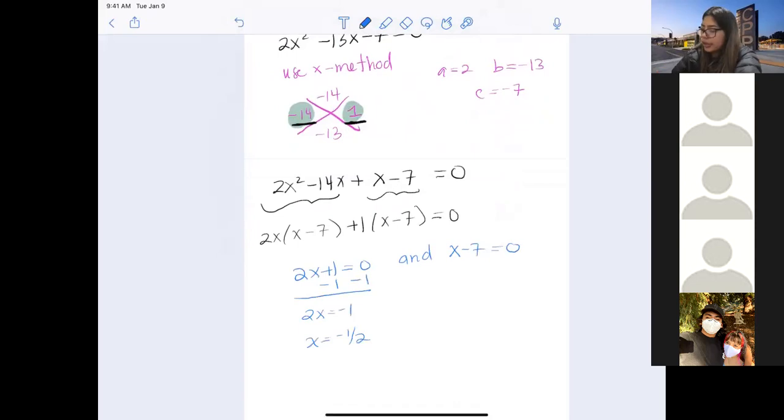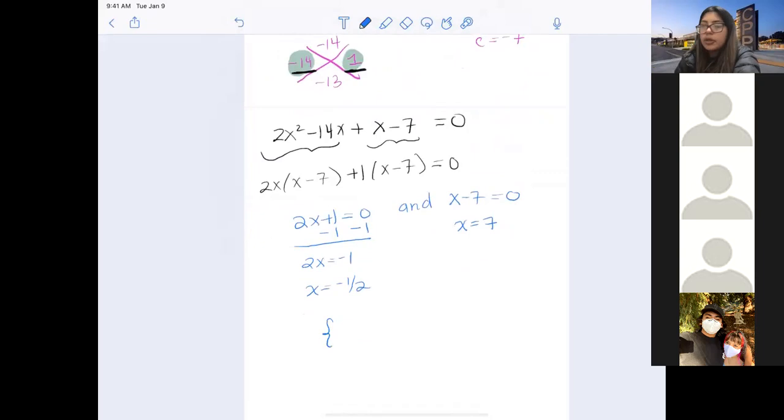The other answer is x equals 7. So when they ask you to input your solution, you're going to put negative 1/2, comma 7. You don't put x equals negative a half, x equals 7. You just put negative a half, comma 7. You're splitting the 2 solutions here. Okay, so this is your solution. And it's not a point.